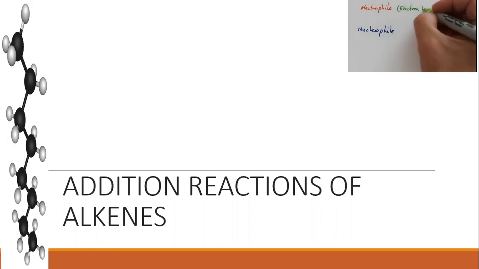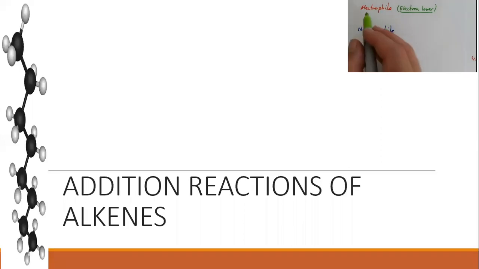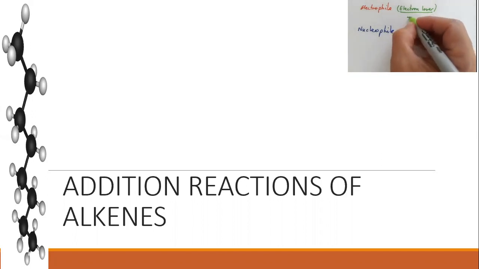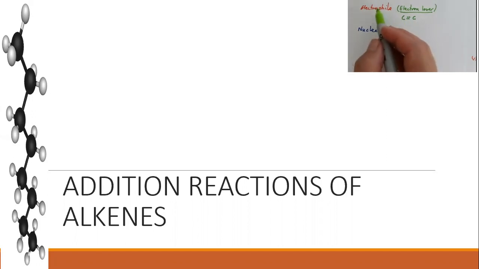So an electrophile is attracted to something that is negative. It has extra negative charges. So something, for instance, a carbon-carbon double bond. That's an electron dense area, and it opens it up for electrophiles to attack it.